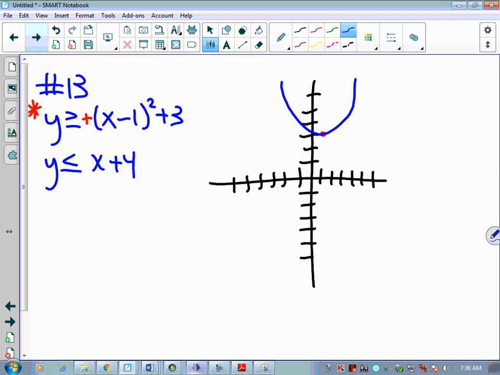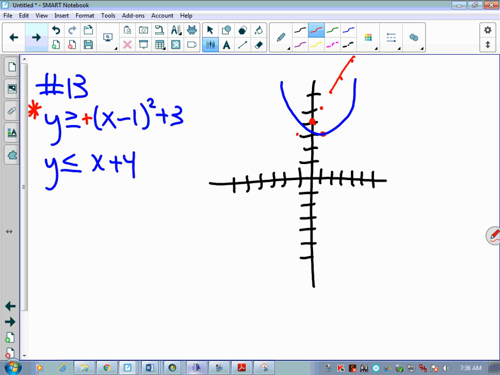Okay, for this next part, we want to graph our line, which has a y-intercept of 4. 1, 2, 3, 4. So it looks like that. And it goes up 1 over 1. So here, here, here, you know, so on and so forth. There.